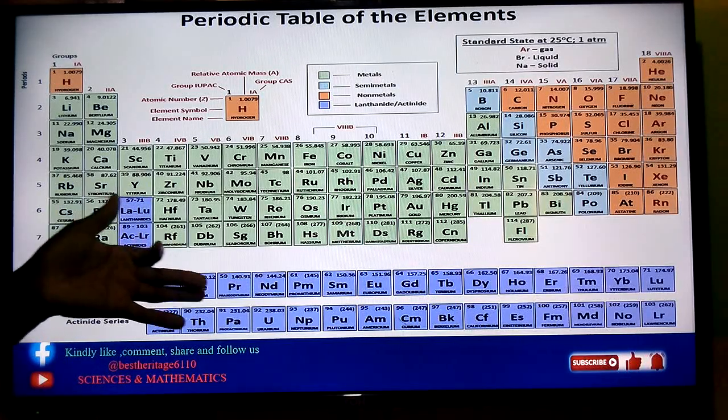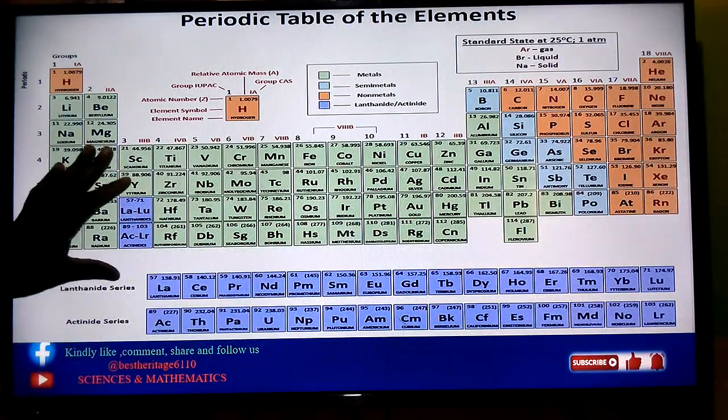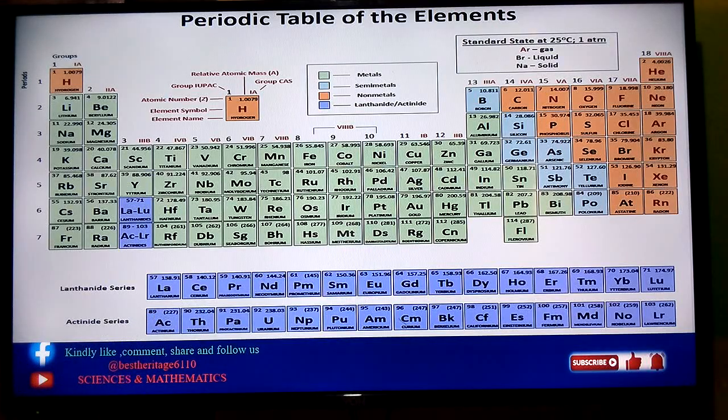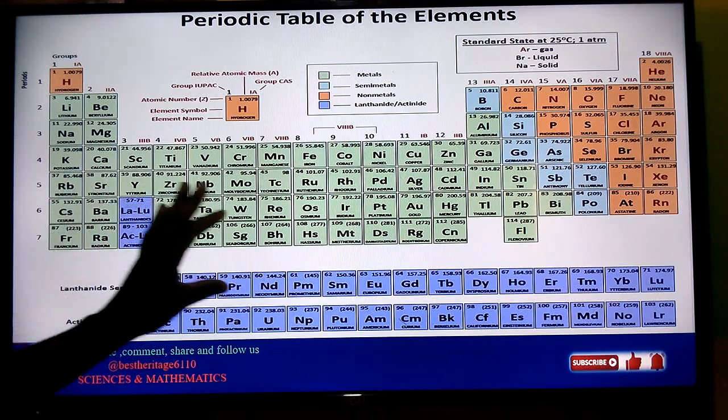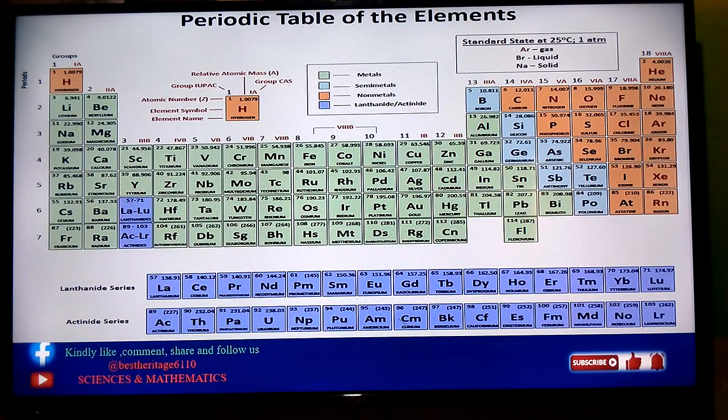The challenge was that a number of elements were out of order when organized according to their physical and chemical properties.